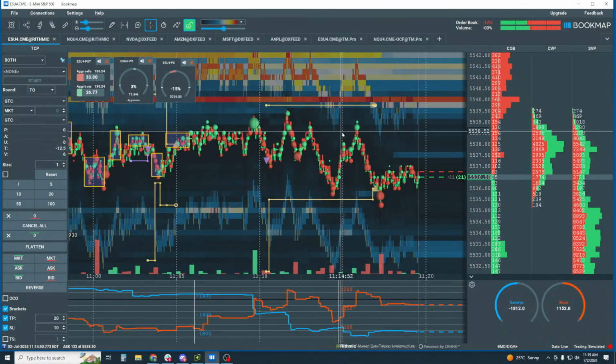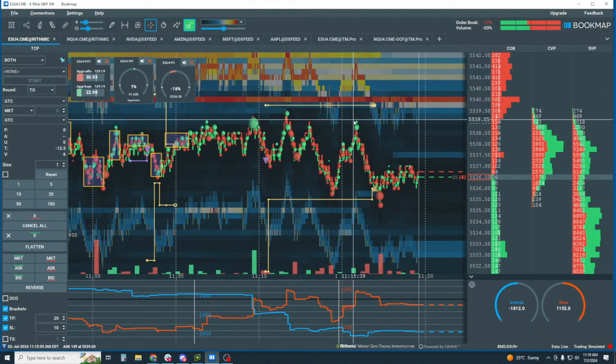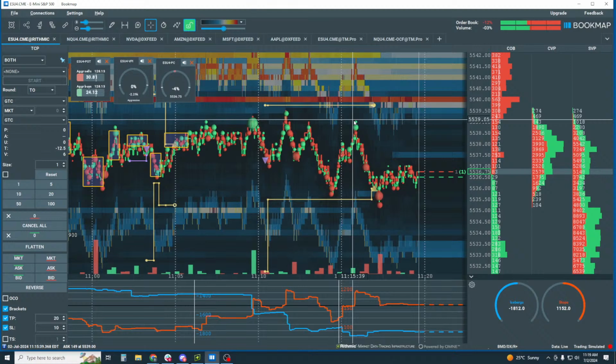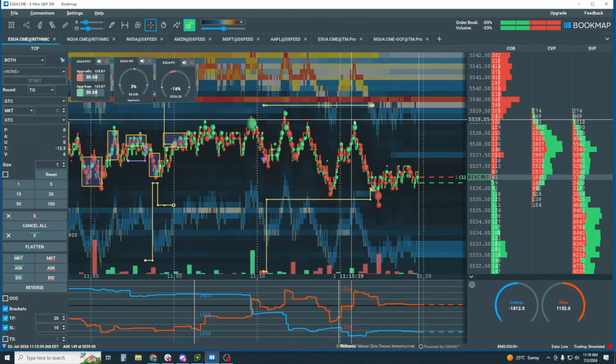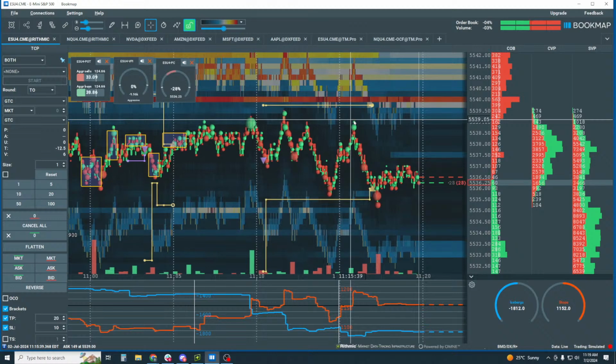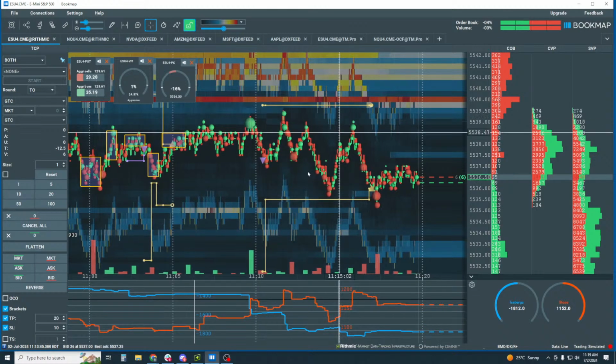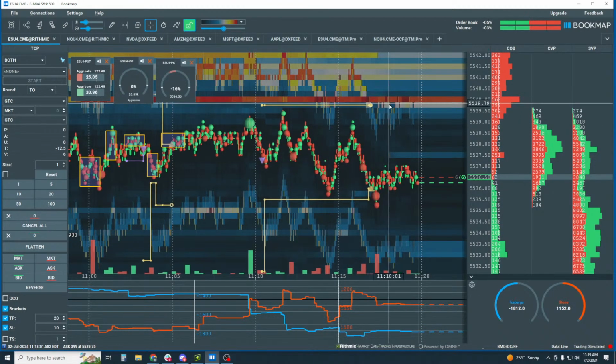Okay, and a lot of days when there's not a lot of directional trading activity, this is what makes up a lot of the price action, right? And we can identify it, and we can start to look for opportunities around that as well.